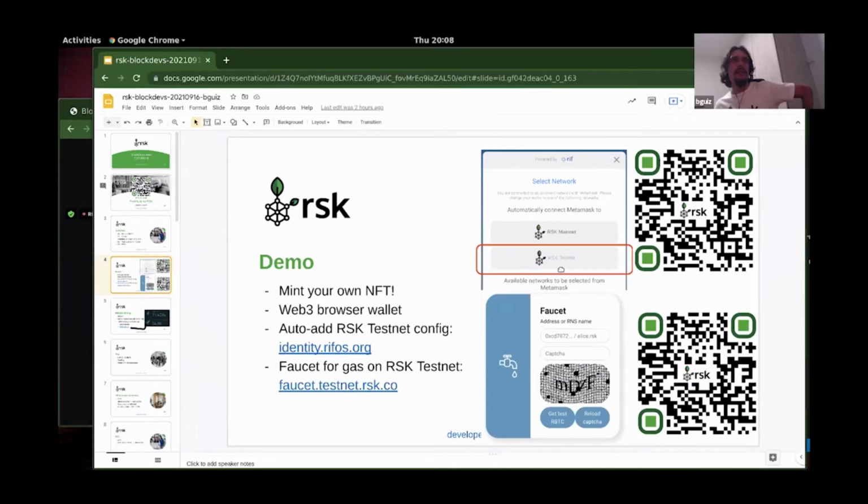Then go to faucet.testnet.rsk.co, and you'll get some testnet tokens. The testnet tokens will allow you to pay for the gas to mint your own NFT. You can scan the QR codes or type in the link into the browser, and then you're good to go. That's just preparation for the demo for those who want to take part in that.